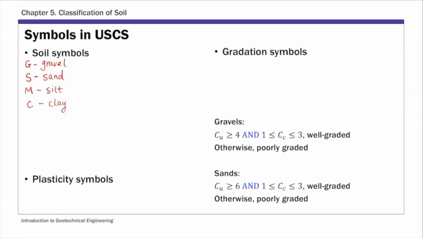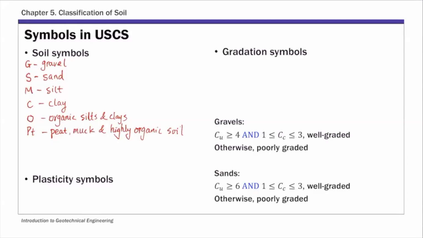The other remaining 2 are O for organic silts and clays, and the last one is Pt, for peat, muck, and highly organic soil. So that's the first group of symbols, soil symbols. These are very descriptive. You see the letter, you can immediately link that to a particular soil.